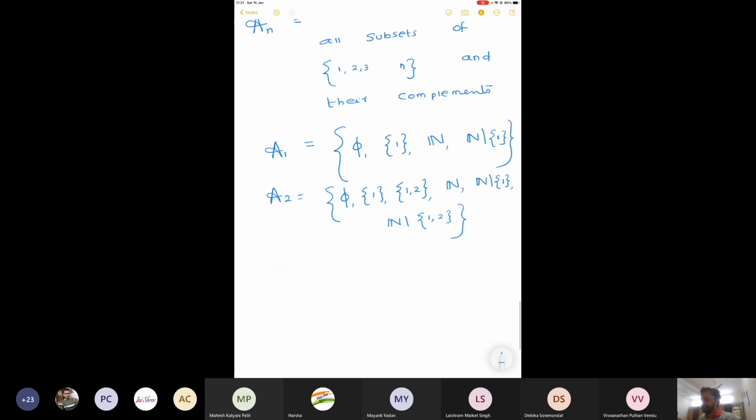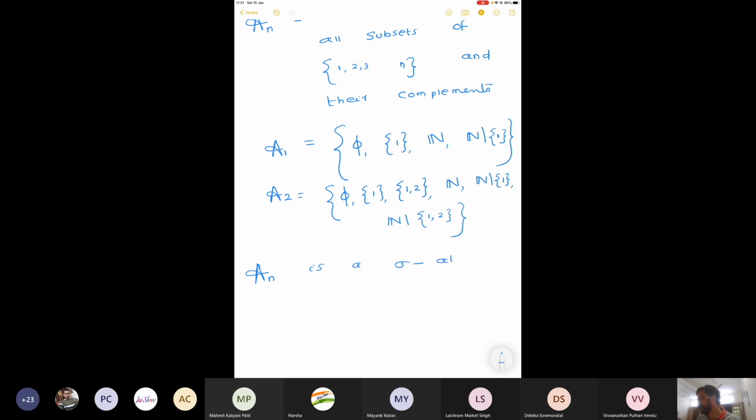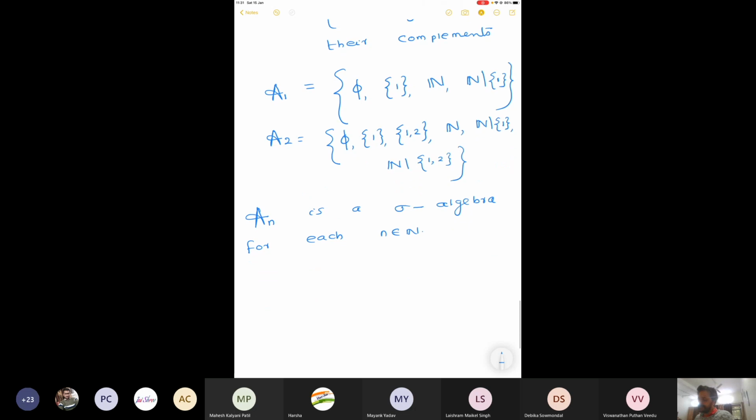Then you see that A_N is a sigma algebra for each N. And you can very easily see that it is monotonic in nature: A_1 is contained in A_2, and so on.